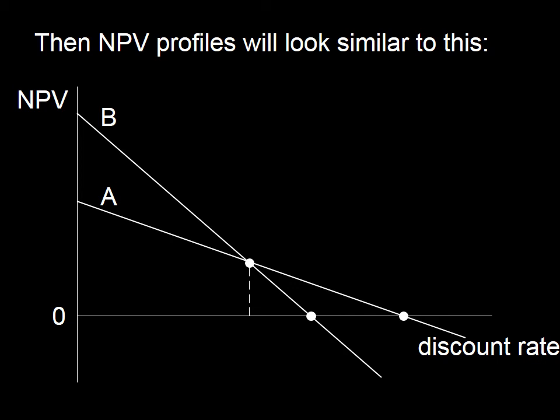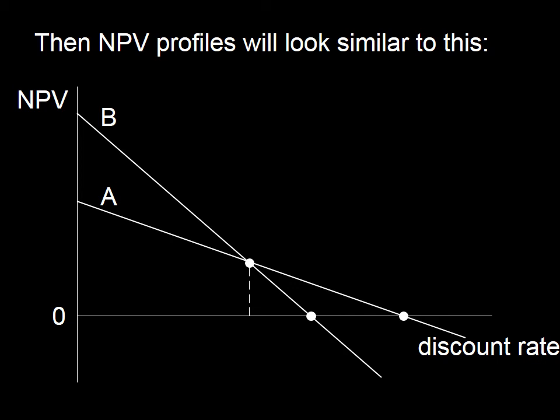So what happens here is we get what's called the crossover. If you want to ask the question, based on net present value, which project is better, Project A or Project B, you can answer either one and possibly be correct. It would depend on what the firm's cost of capital is.